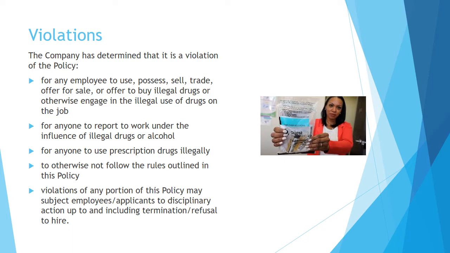Violations. The company has determined that it is a violation of the policy for any employee to use, possess, sell, trade, offer for sale, or offer to buy illegal drugs or otherwise engage in the illegal use of drugs on the job, for anyone to report to work under the influence of illegal drugs or alcohol, for anyone to use prescription drugs illegally, or to otherwise not follow the rules outlined in this policy.